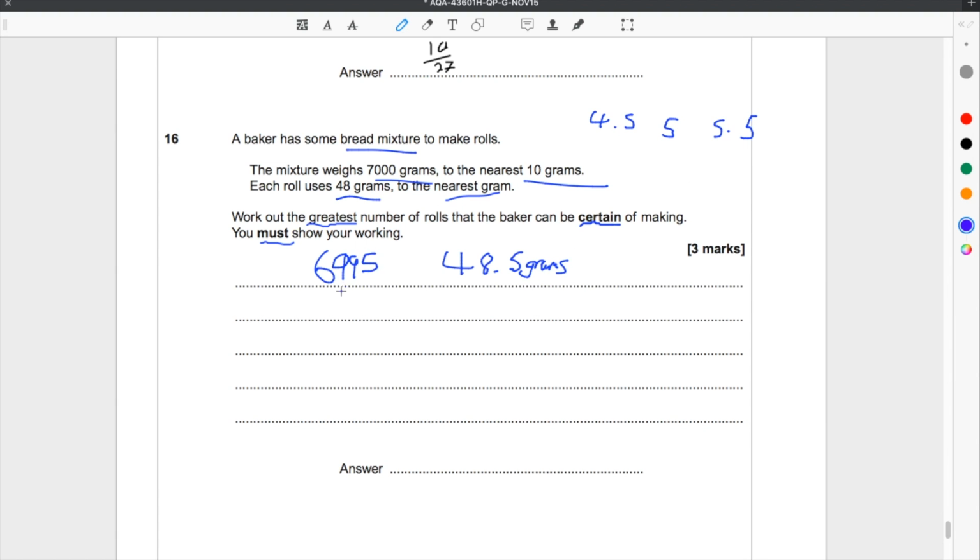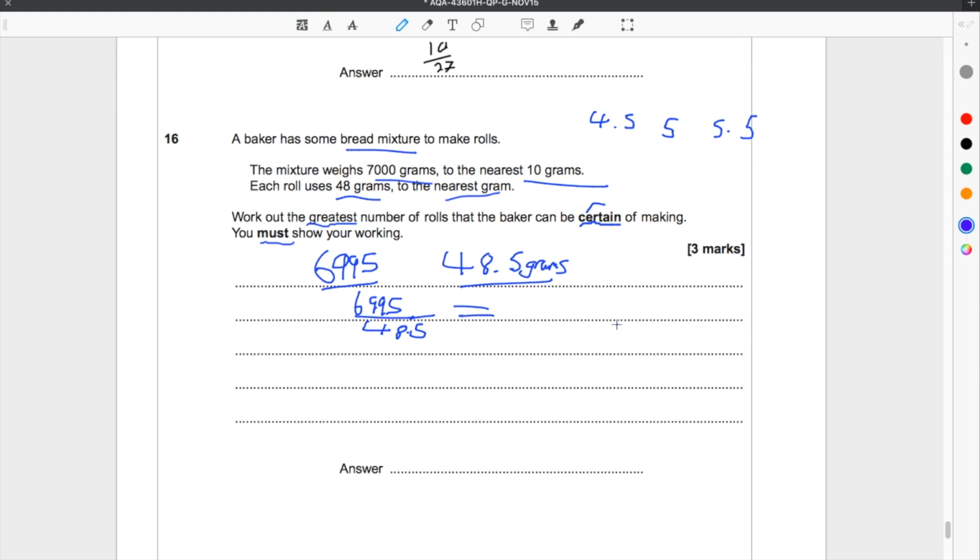So this is the worst case scenario, and all we need to do now is divide this number by 48.5. And this is the greatest number of rolls that the baker can be certain of making in the worst case scenario.